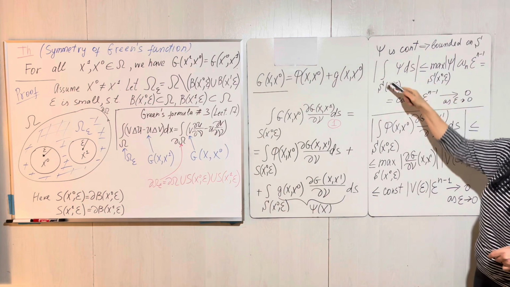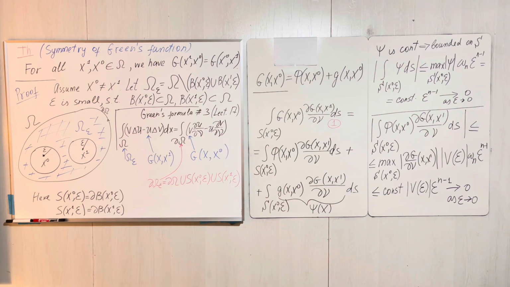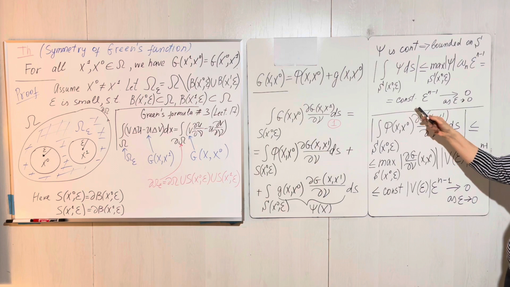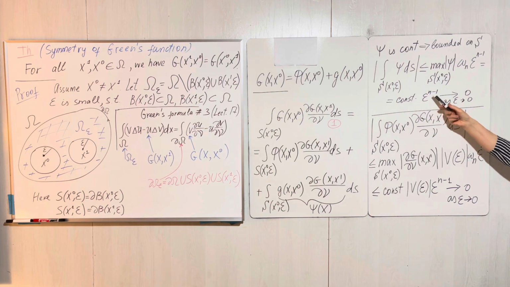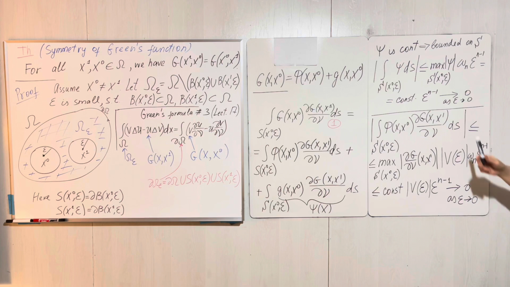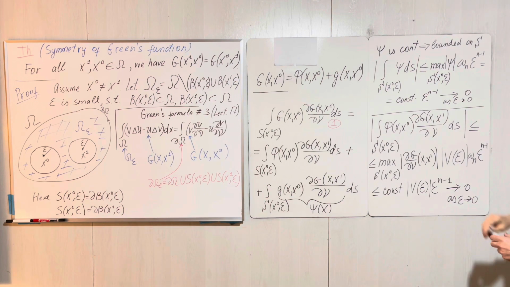Epsilon is the radius of this sphere. So we have some constant multiplied by epsilon to the n minus 1, and as epsilon goes to 0, since the dimension n of our space R^n is at least 2, epsilon to the n minus 1 goes to 0. So the second integral is done.